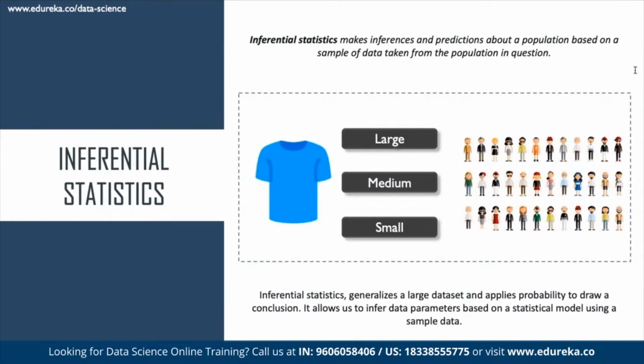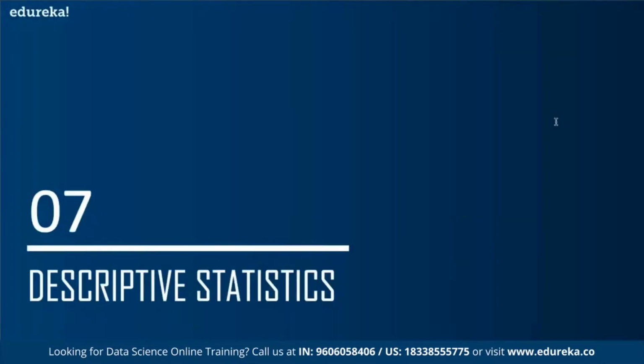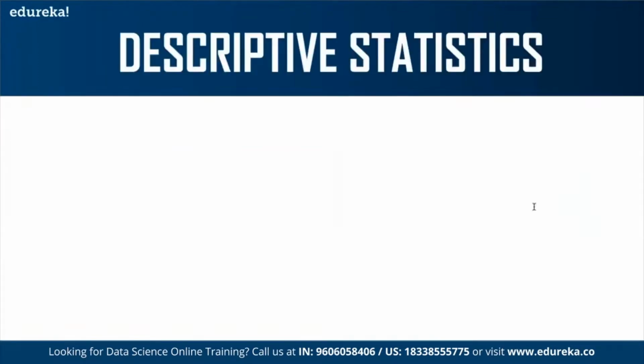Now let's look into these two main components in depth, what exactly they are and what they contain. First of all, we have descriptive statistics. This is what we have already studied so many times in our school days, starting from school to college, right?